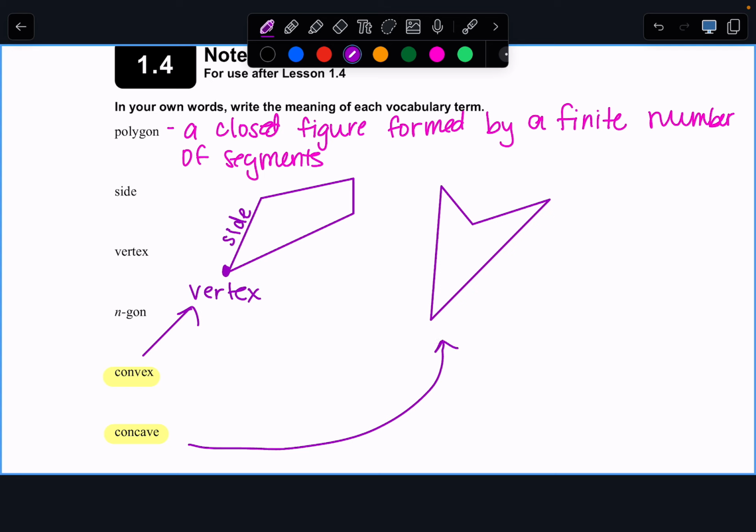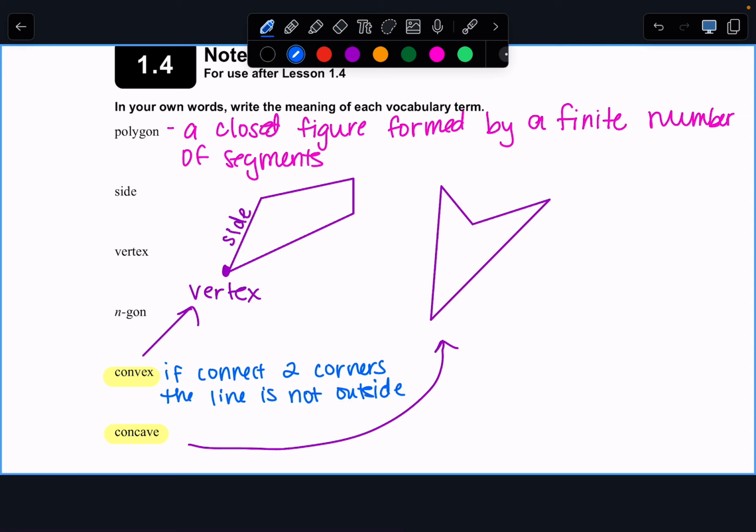Okay, so Alex said on the inside we don't have any angles over 180. Another way to describe a convex polygon: if we connect 2 of the corners, the line is not going to be outside of the figure.